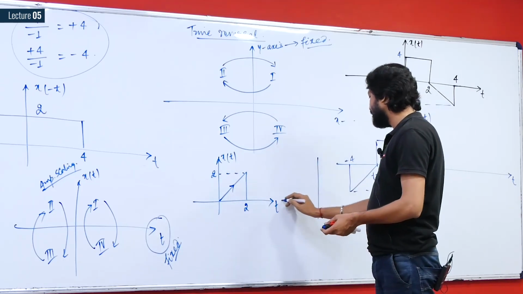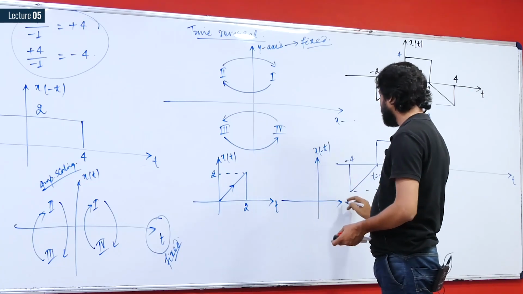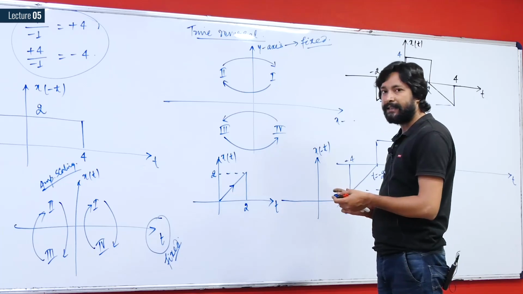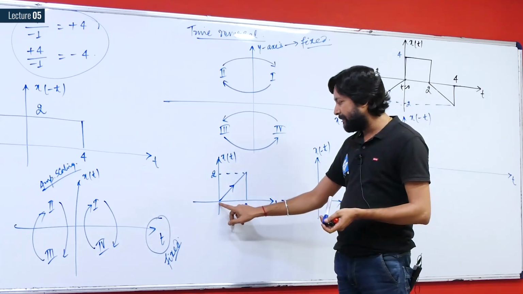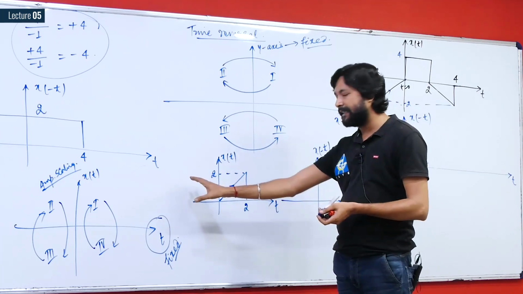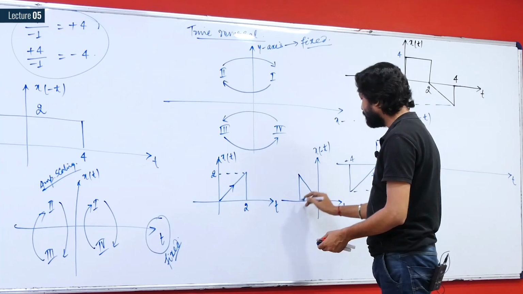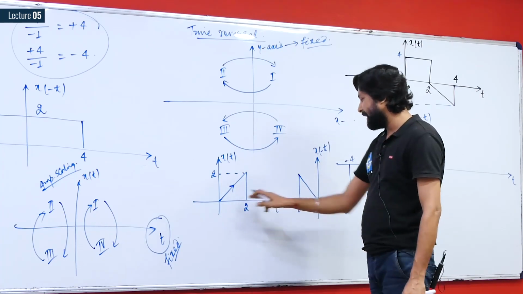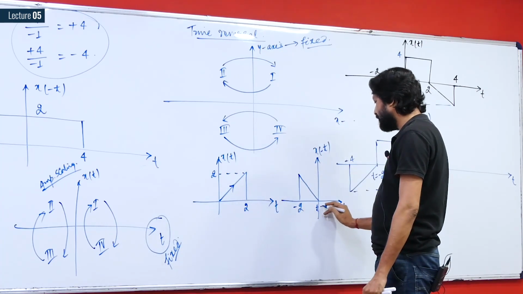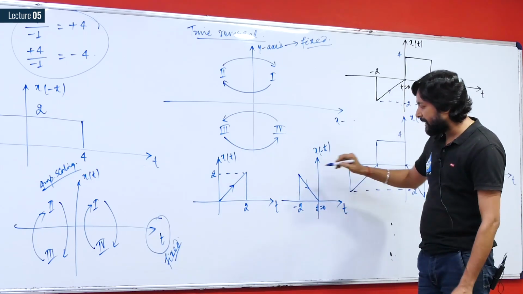How can you verify this result? If you take time reversal on this signal, you are plotting x of minus t with respect to t. As the signal is increasing between 0 and plus 2, you are just folding it, so the signal will be like this between minus 2 and 0. This point becomes minus 2, and the other is again t equals 0. If you move towards the left, the values are decreasing.